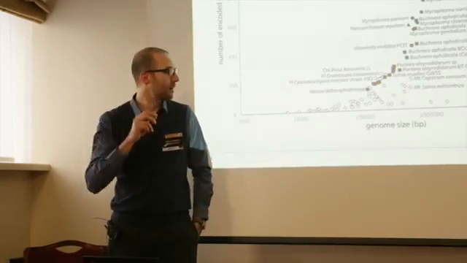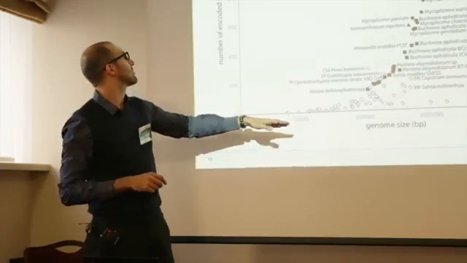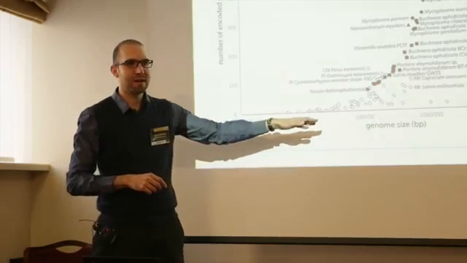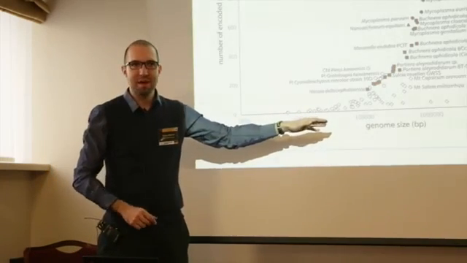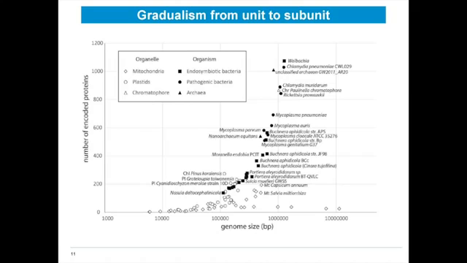And if we plot the genome size of organelles and small endosymbiotic bacteria against the number of encoded proteins, then you will see that we actually have a really gradual transition.